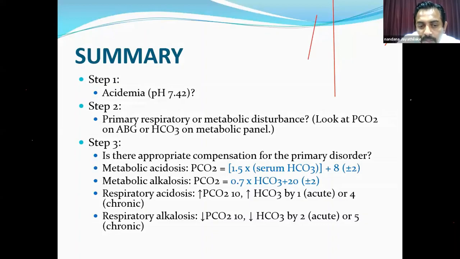If it is a metabolic alkalosis, calculate the carbon dioxide as 0.7 times bicarbonate plus 20. If there's a respiratory acidosis, an increase in PCO2 by 10 causes increased bicarbonate by 1 in acute and 4 in chronic. If there's a respiratory alkalosis, a reduction in PCO2 by 10 causes reduced bicarbonate by 2 in acute or 5 in chronic.